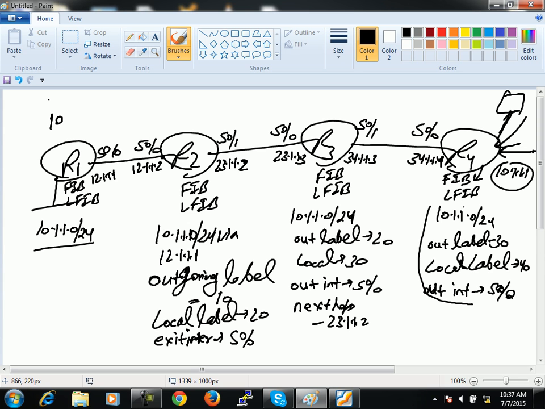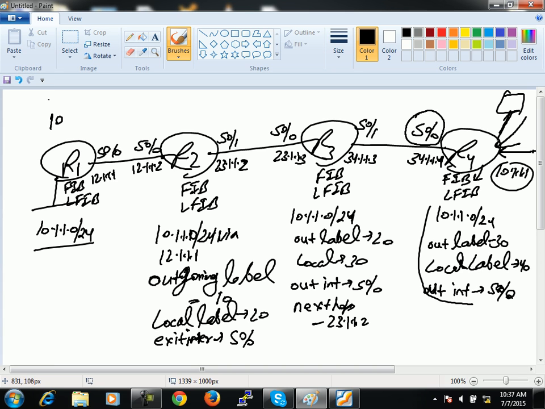So now R4 will perform lookup in its FIB. It will come to know that it needs to transmit this packet out from S0/0.